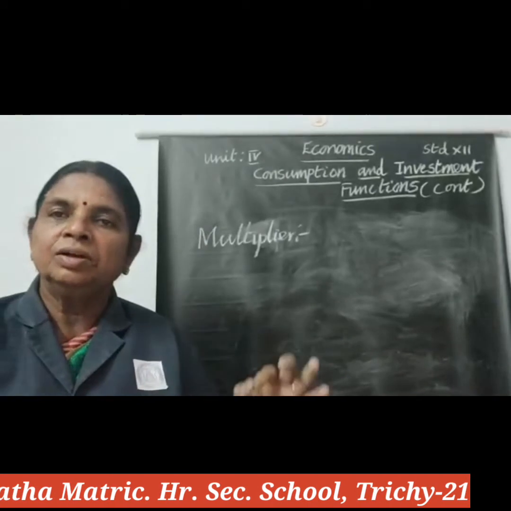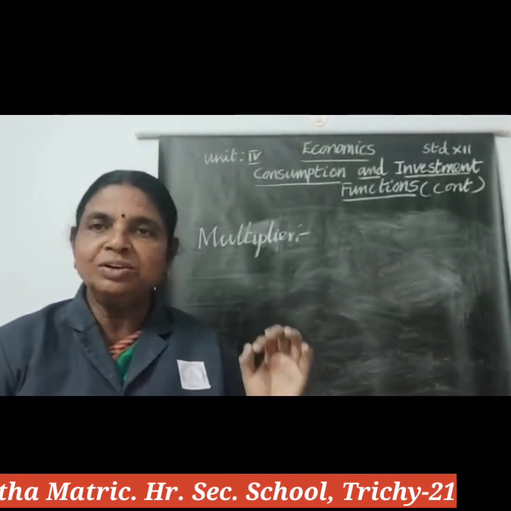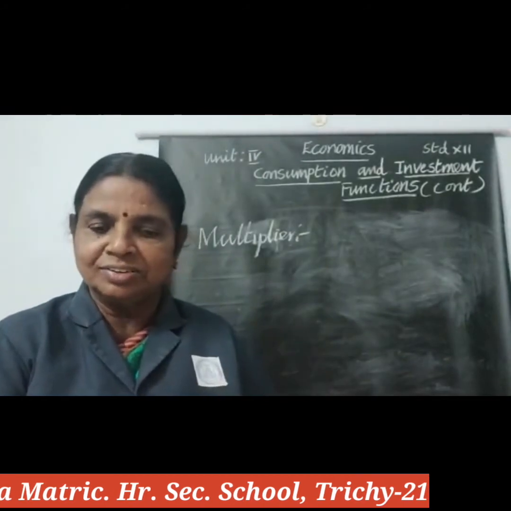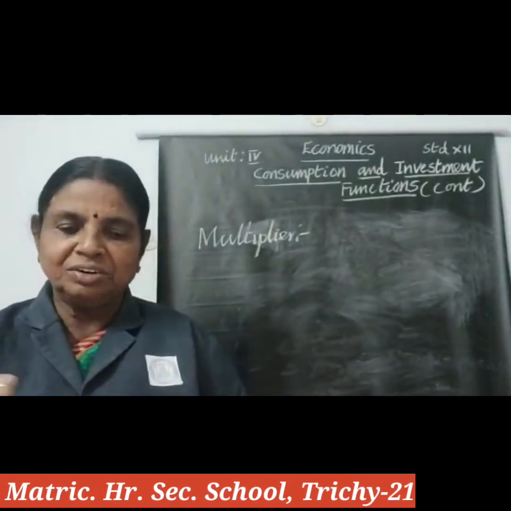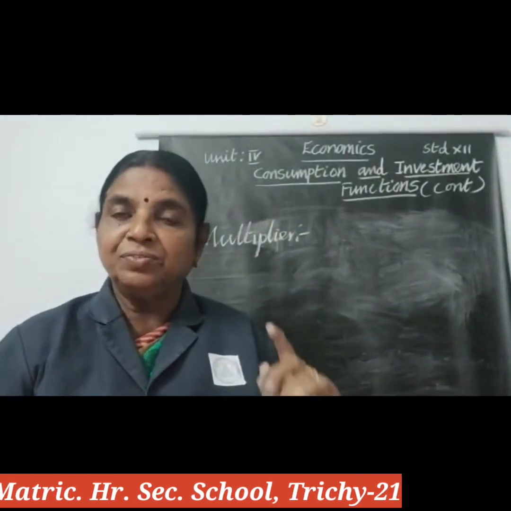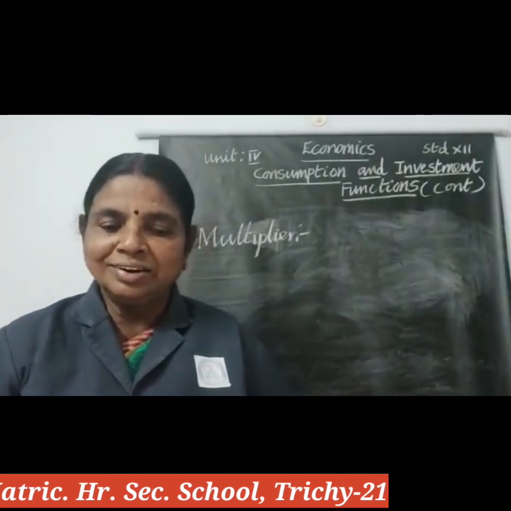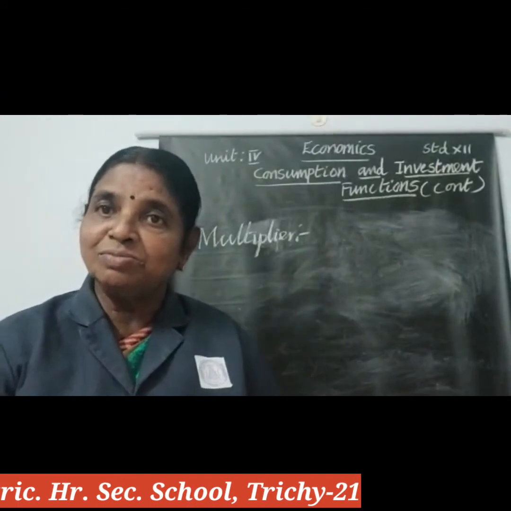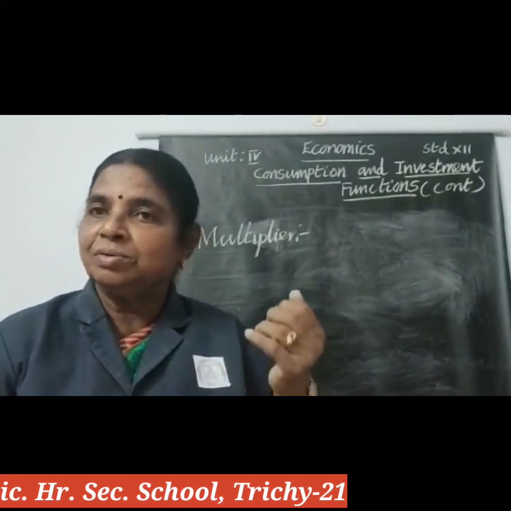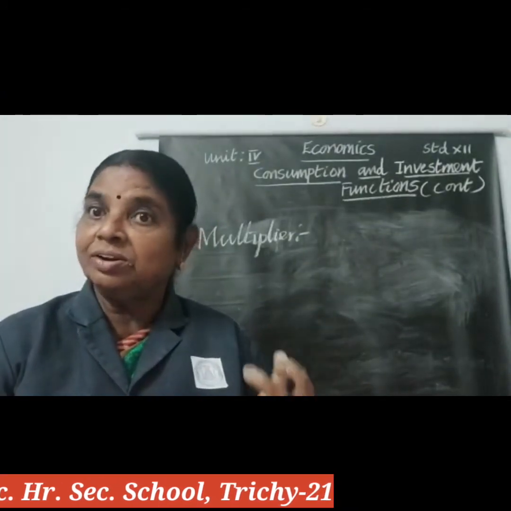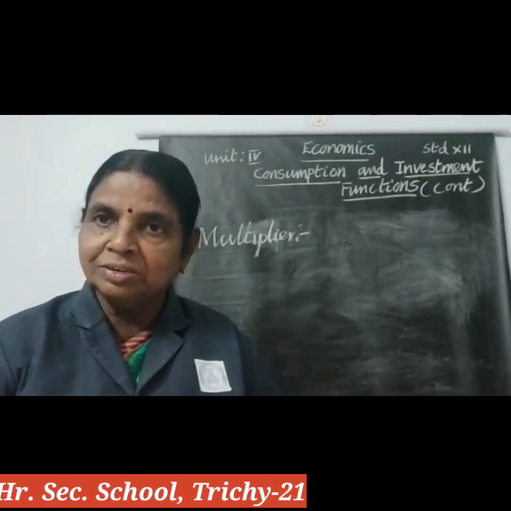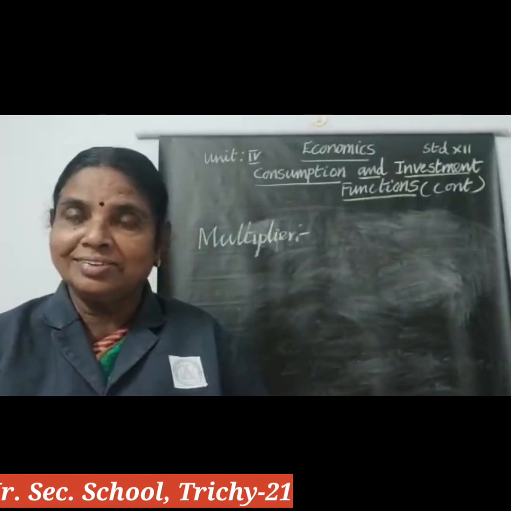Keynes' investment multiplier has certain assumptions which limit its operation. The first one is change in autonomous investment. Autonomous investment has a social welfare motive, is independent, and income is inelastic.